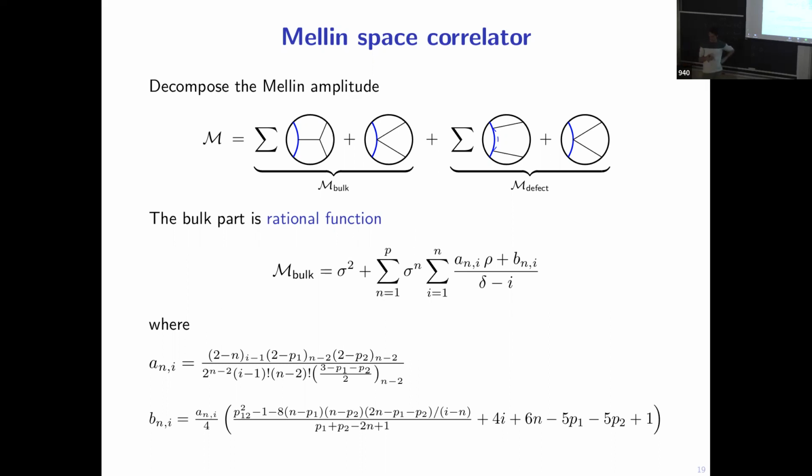Any other questions? Can you extend this to higher points? I'm always talking about 4-point functions without defects, but people are already doing 5-point functions. So people are already managing to do more than the simplest.